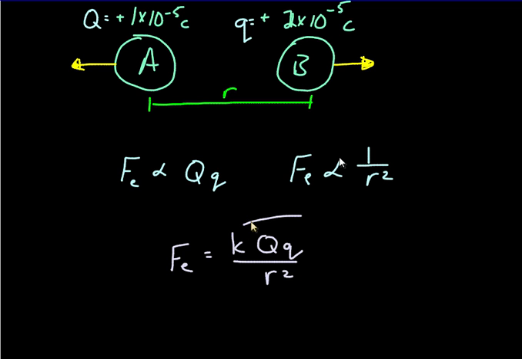Where K is called Coulomb's constant. Q and Q are the sizes of the two charges involved, in coulombs.